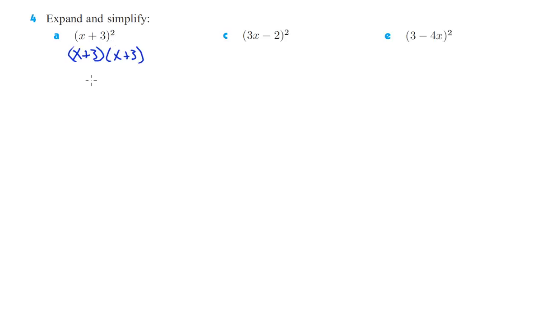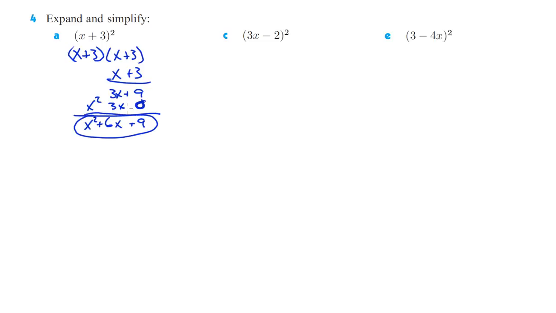So again, I'm just going to stack one on top of the other. 3 times 3 is 9. 3 times x is 3x. X times 3 is 3x. And then x times x is x squared. All right, that's a 0 there. And that's 9. There's 6x, and there's x squared.